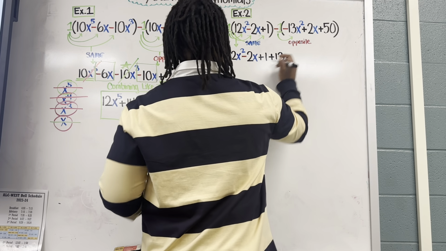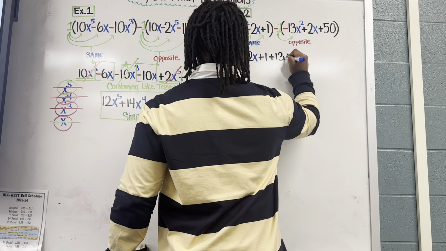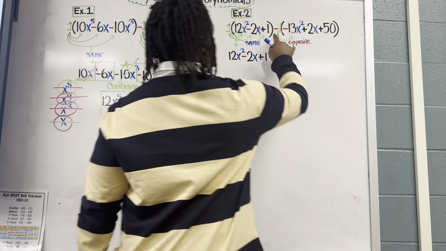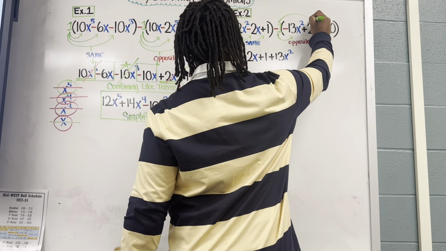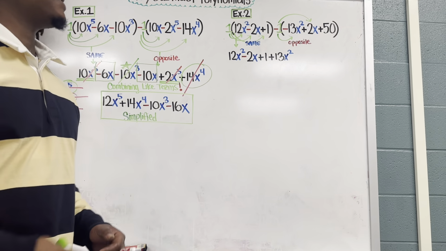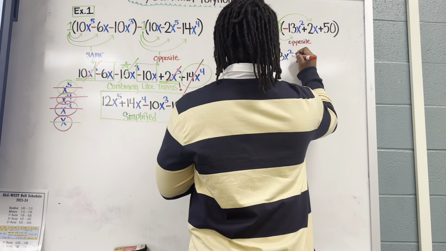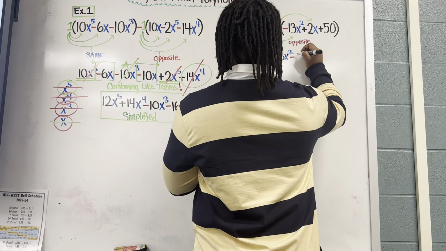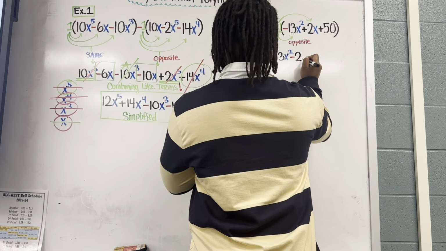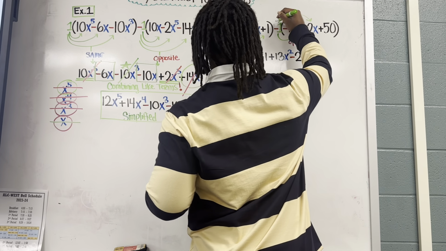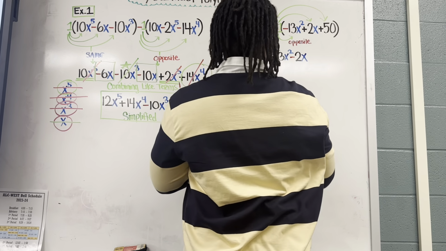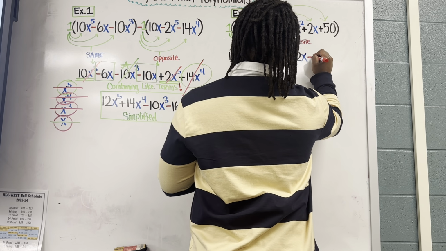So I'm going to write plus 13x squared. Negative 1 times 2x is actually going to be a negative 2x. And then negative 1 times 50 is going to be a negative 50.